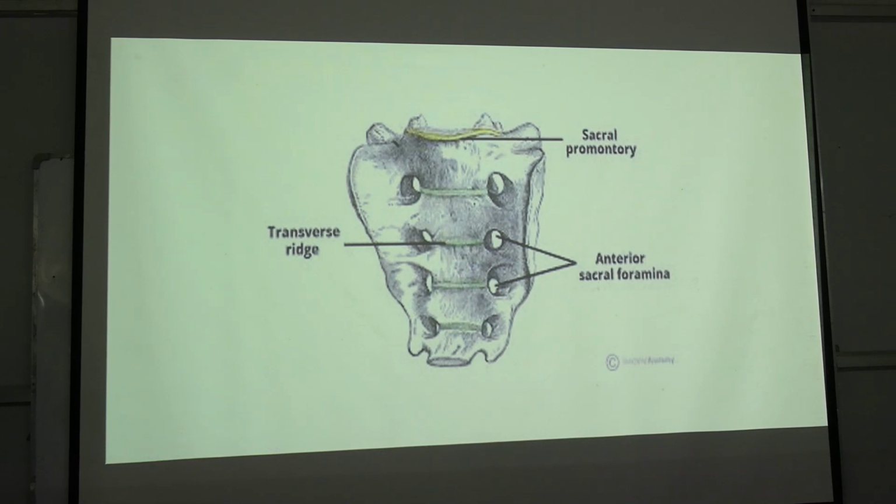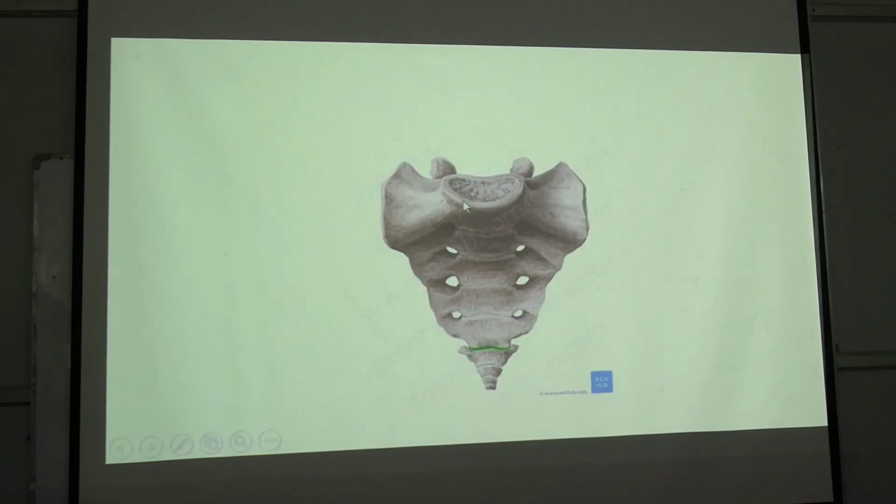You have to remember this. So, once again, this part is the body, and this part is the process, which is united, the costal facets and this transverse process are fused. This also is part of the body. This wing-shaped part we call the ala.